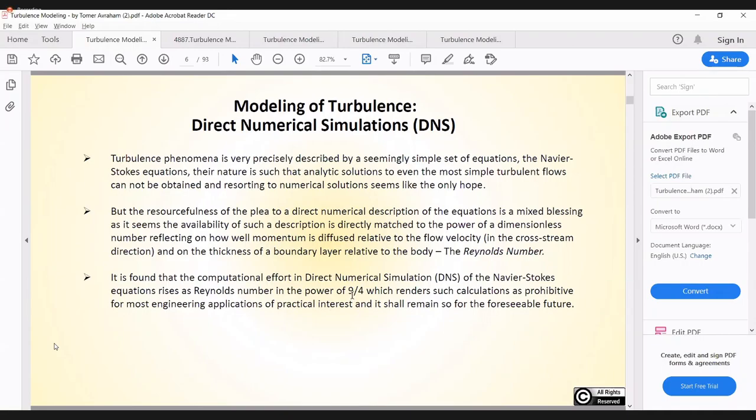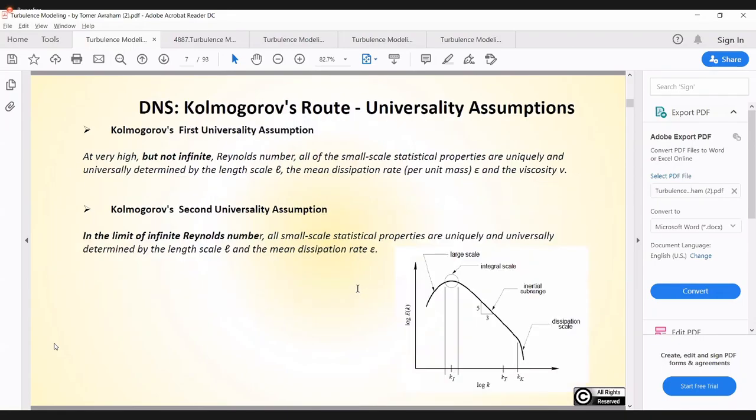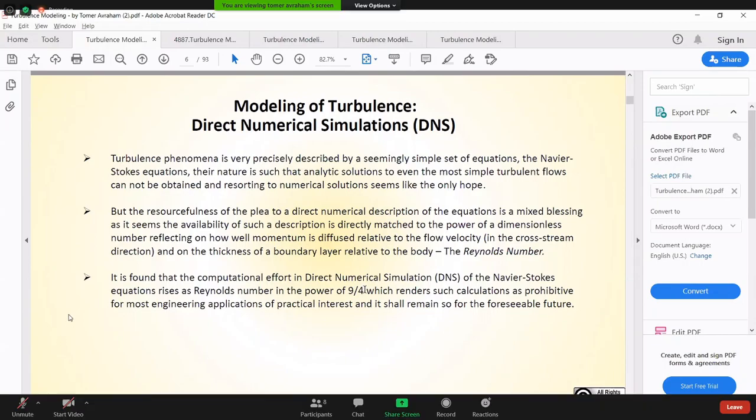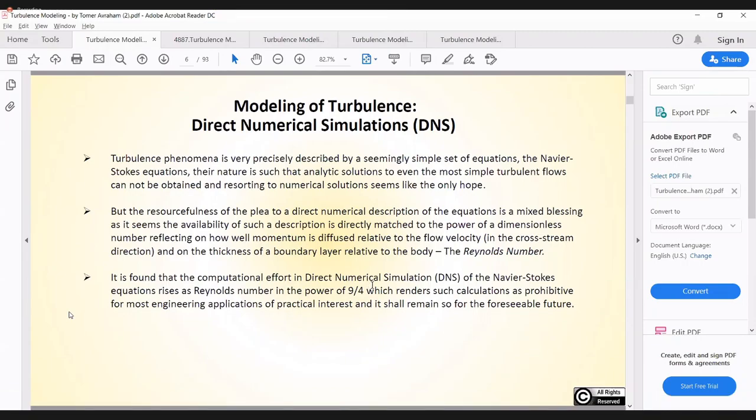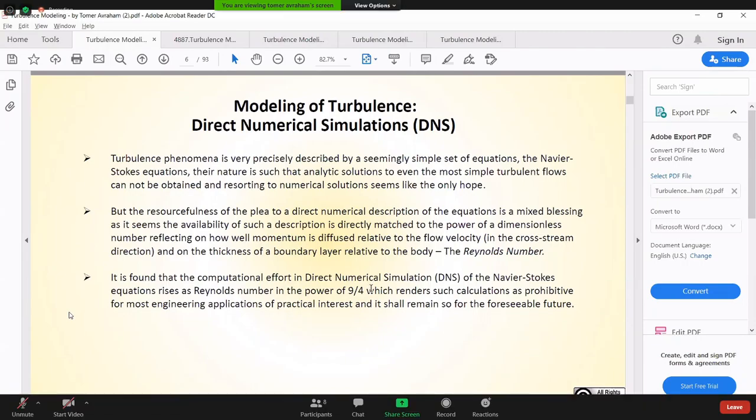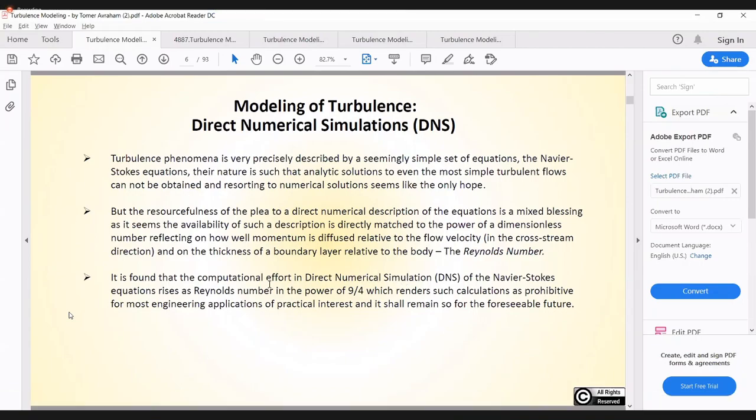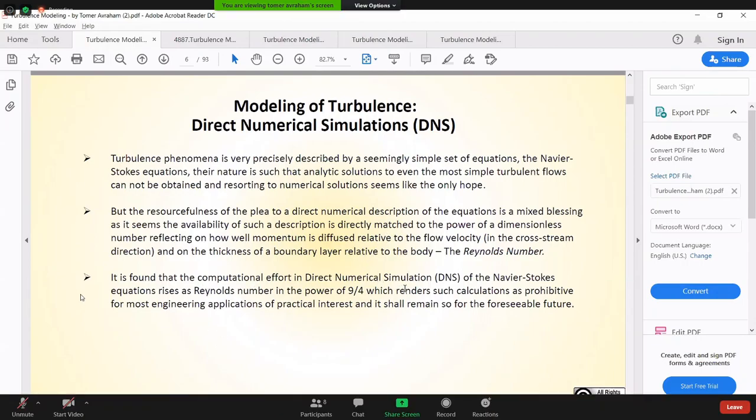You can say Reynolds cubed, and for high Reynolds it's impossible to do a DNS, especially if the geometry is complex. You need very high order, and sometimes even spectral, infinite order of polynomials, and we will not be able to do this for the foreseeable future.